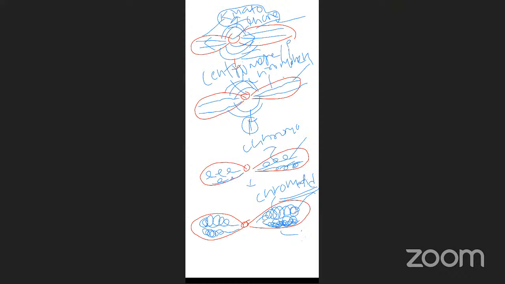So this is the primary constriction and kinetochore disc. Next, the secondary constriction. Along with the primary constriction, somewhere not exactly in the middle, the secondary constriction is present.